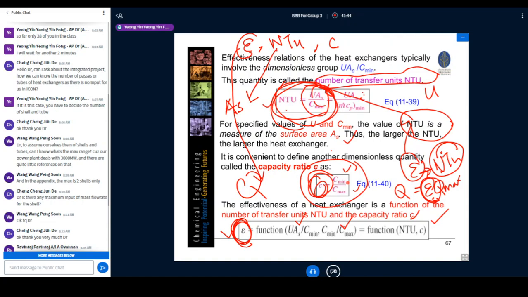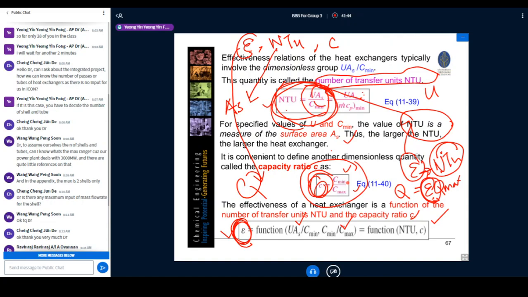Okay, so just now I mentioned you can have the relationship. You can see, okay, different types of heat exchangers will have different equations to calculate your effectiveness. Okay, like for example, parallel flow, counter flow, one shell with two, four tube passes, and then N shells, and then also the cross flow.